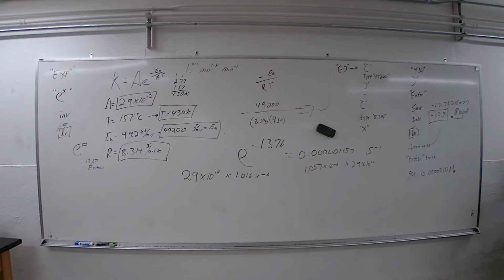Number 2 is 1.5, 6.8. This one is solved for K. Now that one's phrased correctly.